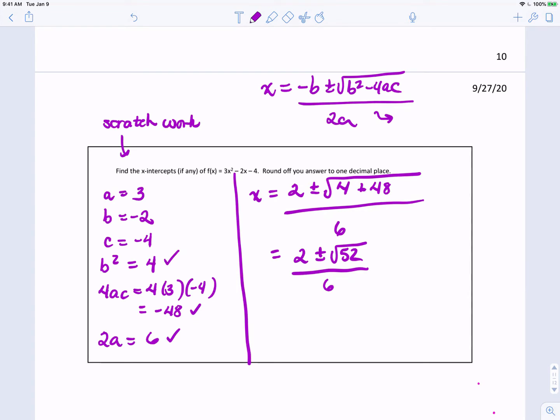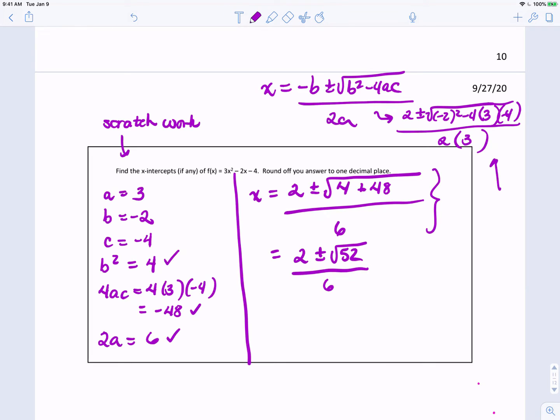So they would write the opposite of negative 2 plus or minus the square root of negative 2 squared minus 4 times 3 times negative 4, all divided by 2 times 3. Can you see the difference between what I wrote and the formula if you plug in each number one at a time? So if you've ever struggled with the quadratic formula, try doing the scratch work and then just plugging in 4 numbers. It's so much easier.